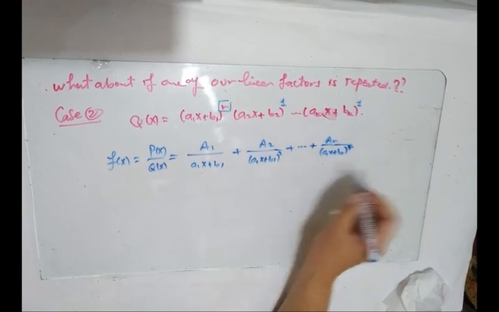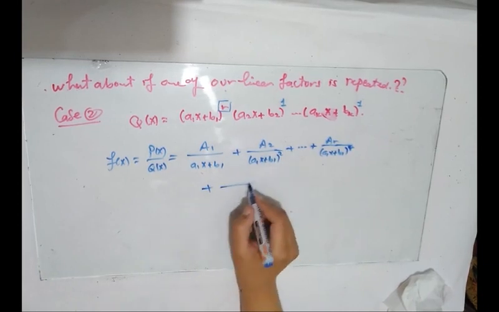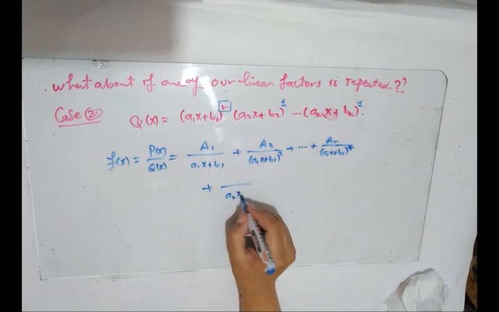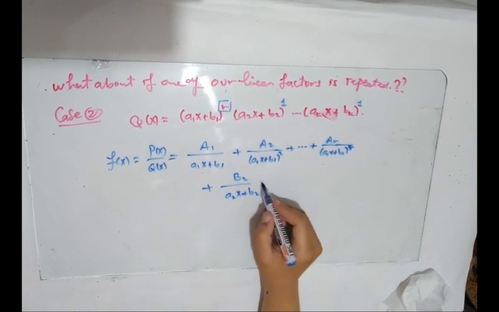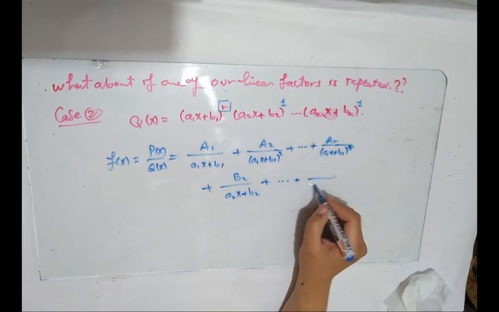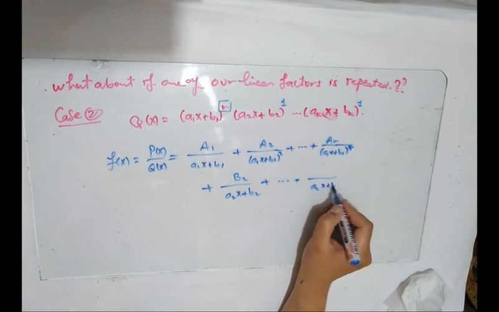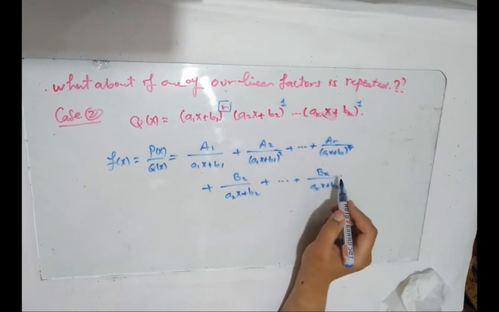Okay, and the other linear factors will share just one partial fraction. So we'll have a2x plus p2, and here we'll have a constant, up to akx plus pk, and in the numerator we will have bk.